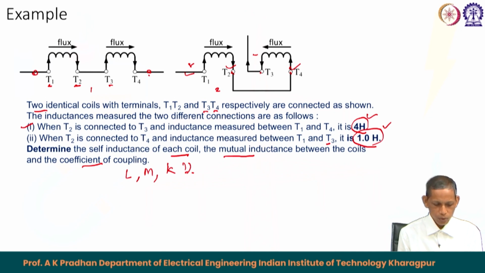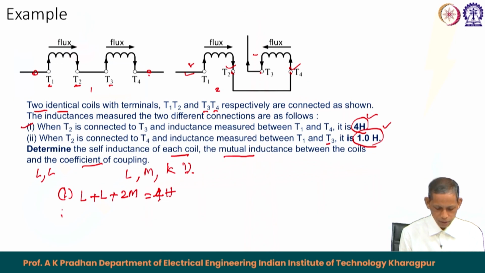Because the coils are identical, let us say each inductance is L. In the first case the connection will lead to L plus L plus 2M, and this must be 4 Henry. In the second case, similarly the lower one, L plus L minus 2M, this must be 1 Henry.